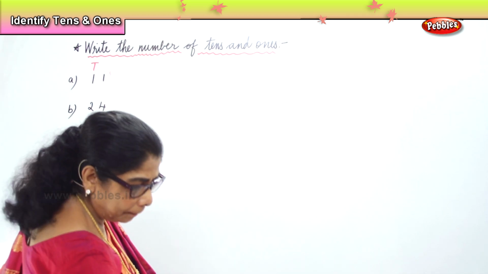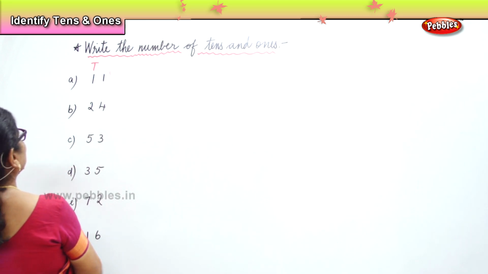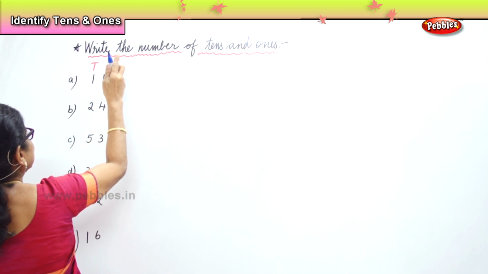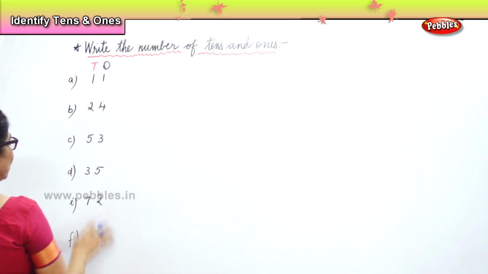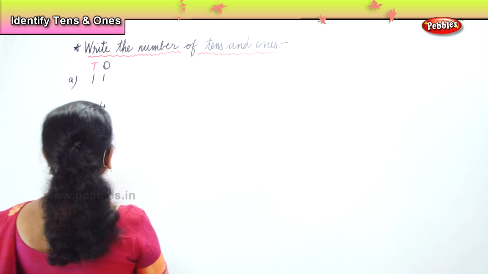Then we will not make a mistake. Okay? Tens, and this is in the ones place, 1. Okay? Tens, ones.